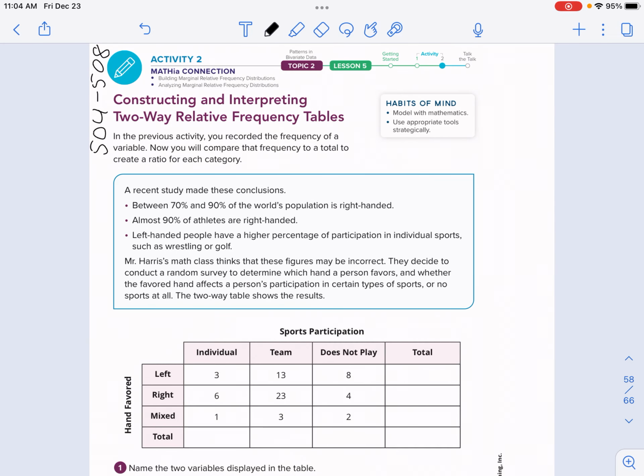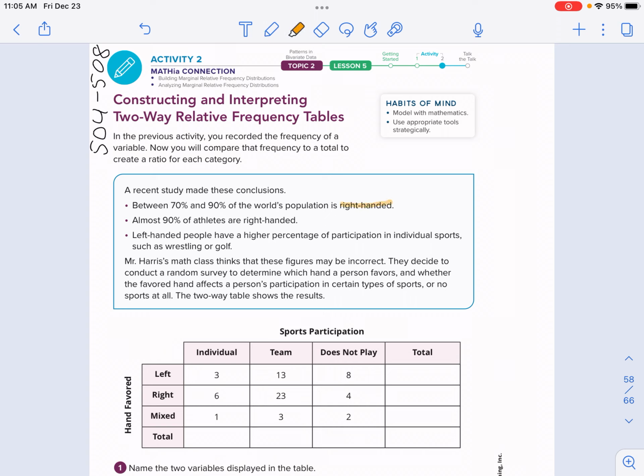So it says, you recorded the frequency of a variable. Now you will compare the frequency to a total to create a ratio, and a ratio is just a fraction for each category. Here we're looking at two specific variables. A recent study made these conclusions: between 70 and 90% of the world's population is right-handed.